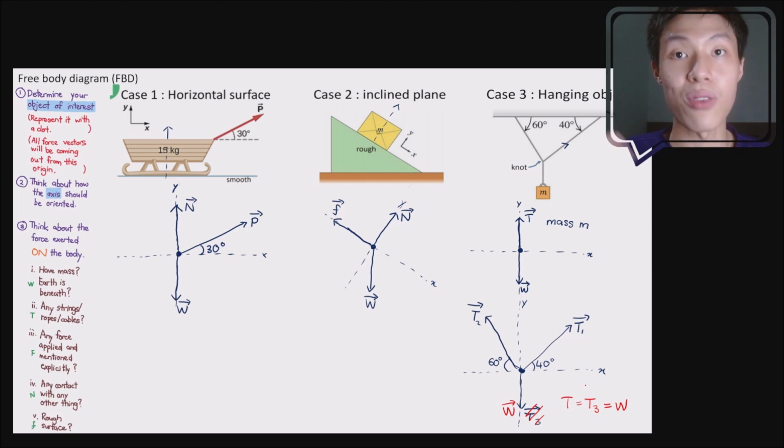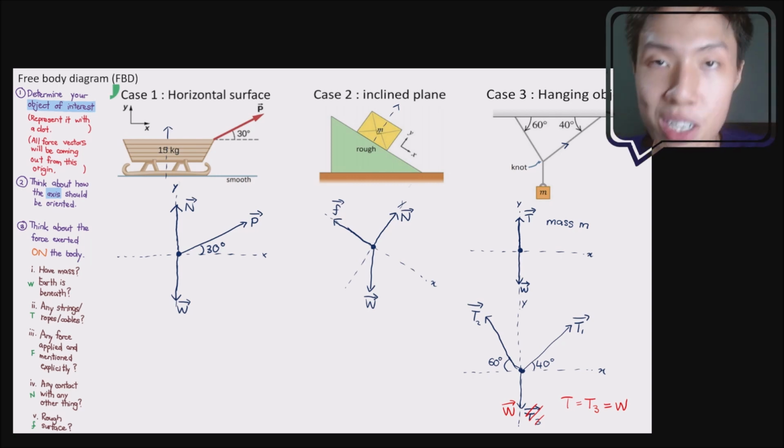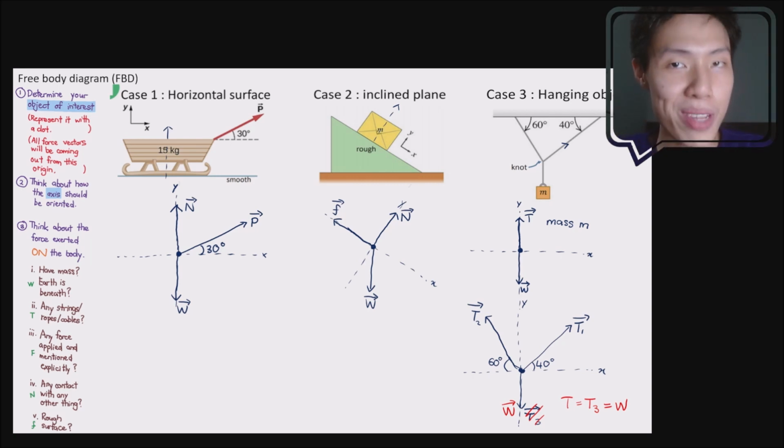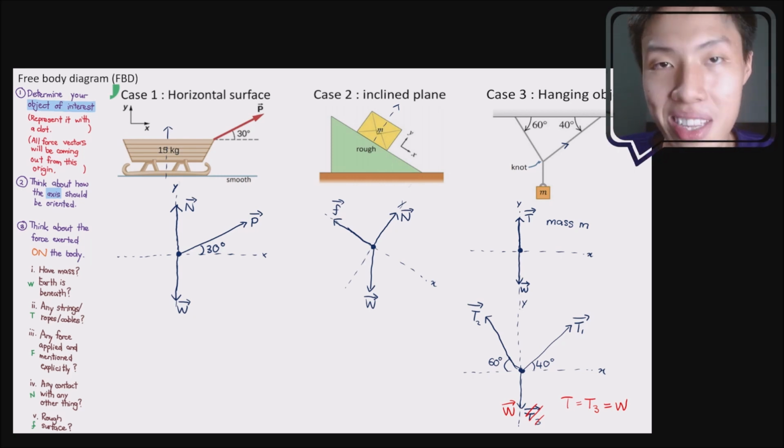You can replace it with W, but the original one should be T3. Just that through Newton's third law, you know that T3 has the same magnitude as T, and T has the same magnitude as W. And since W is in the same direction as T3, you can replace T3 with W. Okay, it's a bit complicated, but when you move on to Newton's third law and Newton's first law, slowly you'll get the idea better.